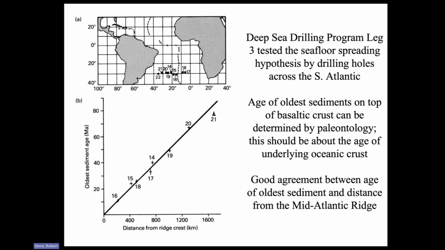And if you did that, the age of the oldest sediment on top of the oceanic crust in the drill hole looks like that as a function of the distance from the ridge. It's exactly what you would predict from seafloor spreading. So this was basically a test, and the hypothesis was supported by that test.